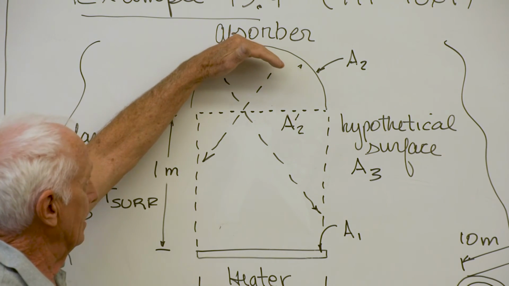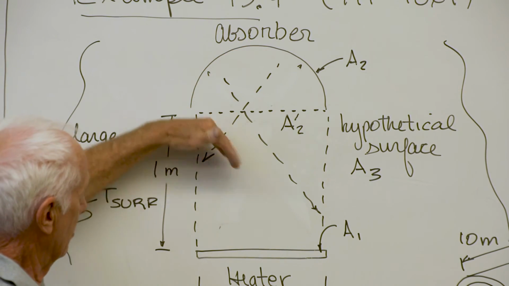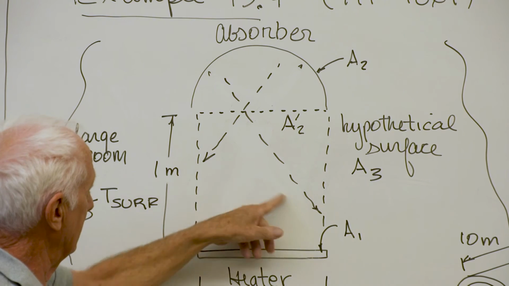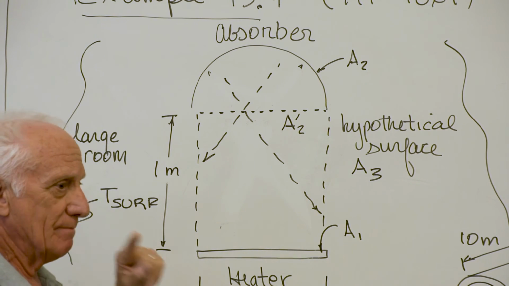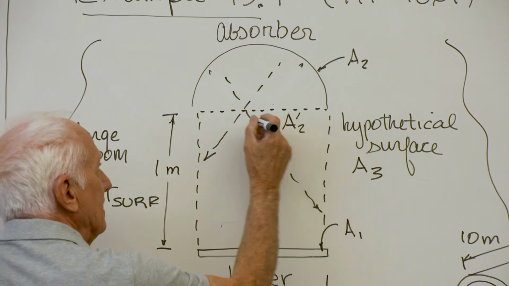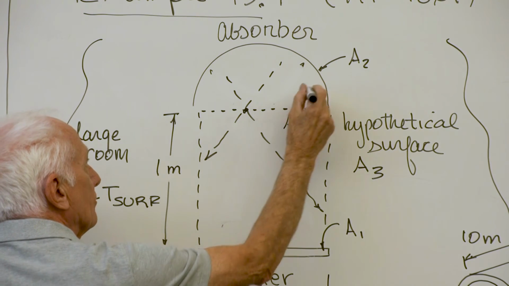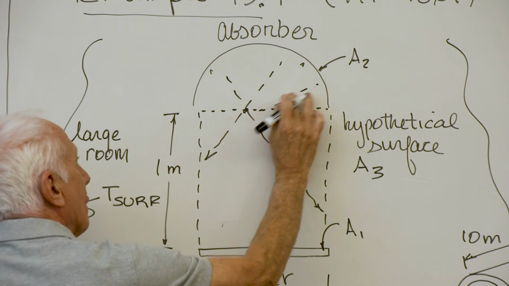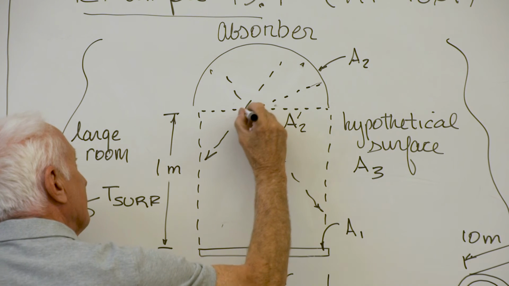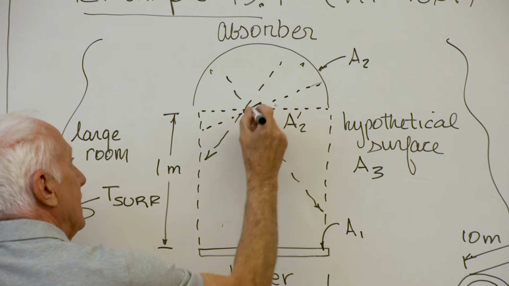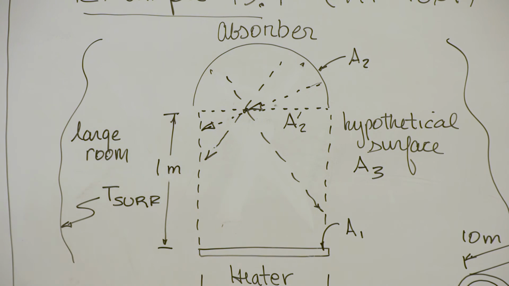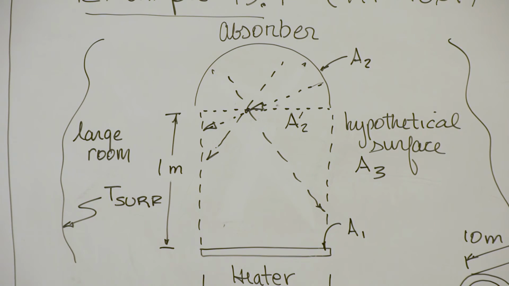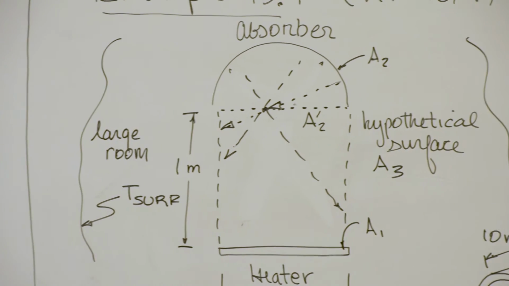All the radiation leaving surface A2, going out the side walls, shown here, is the same thing as the radiation leaving A2 prime, going out the side walls. What goes through here ends up here. That's where that expression came from.